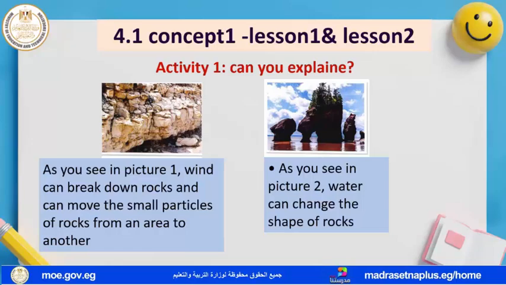So we see in picture 1, wind can break down rocks and can move the small particles of rocks from one area to another. In the second picture, water can change the shape of rocks. So rocks here are changed by water. The shape of these rocks will be changed by water.